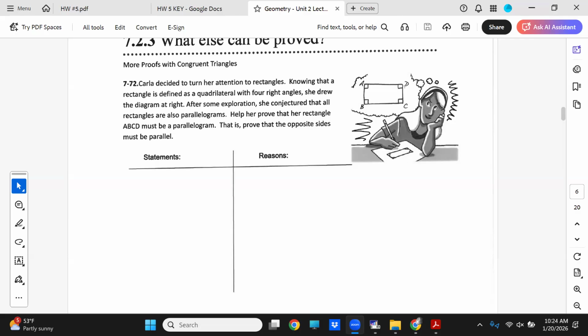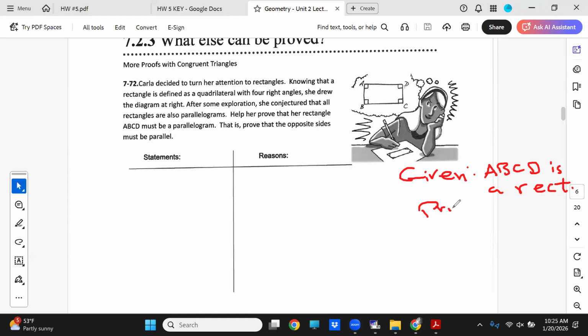Okay. So here's what we'll do. We're given that ABCD is a rectangle. I'll abbreviate it like this.